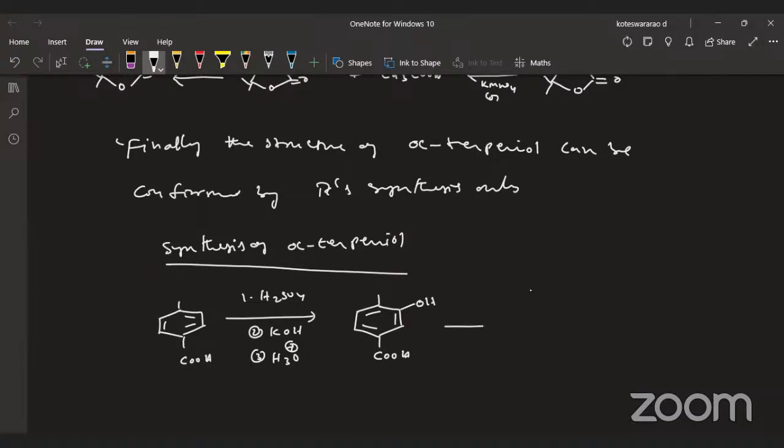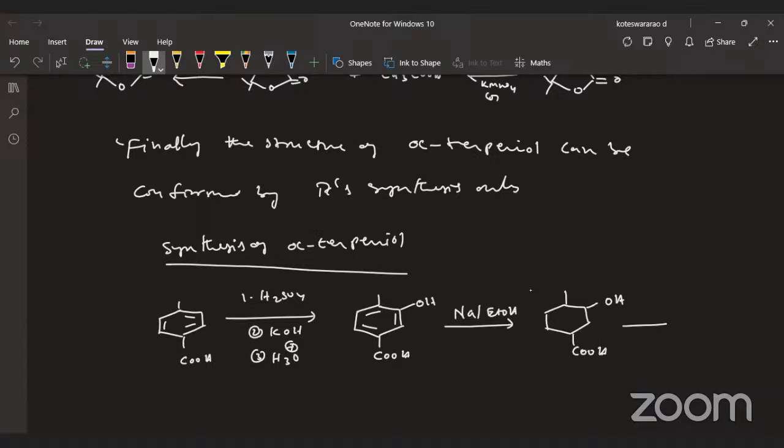This phenolic compound undergoes a dissolving metal reduction, sodium metal with alcohol, that leads to the reduction of this aromatic system. You can also call it Birch reduction. Now the product is like this, with OH.